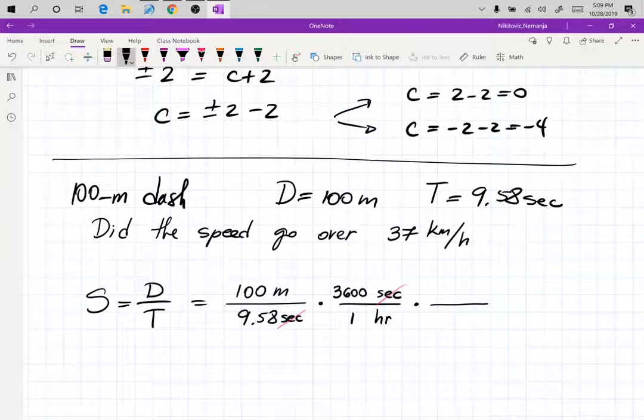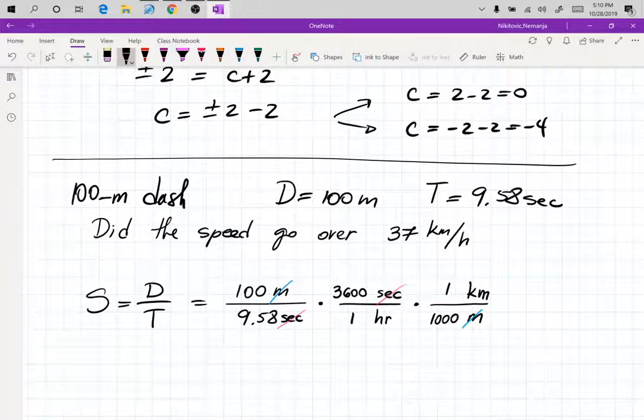So now, since you're canceling the unit that is in the numerator, you will put that unit in the denominator, and the one you want goes to the opposite side. Now, 1 kilometer has 1,000 meters. And now, meters and meters will cancel.